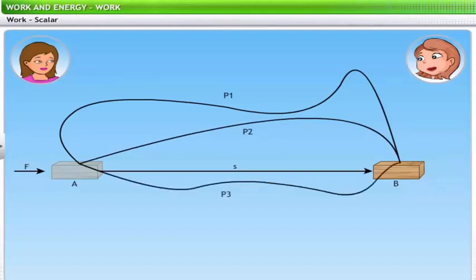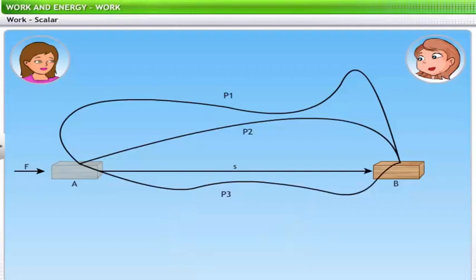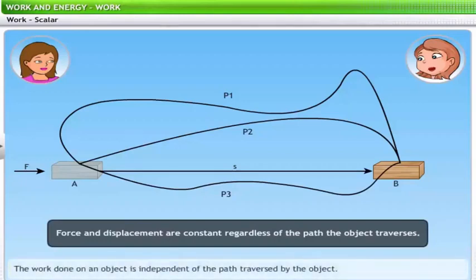But the displacement of the object still remains the same, that is, S, the shortest path from A to B. Work is equal to the product of force and displacement. As you can see, force and displacement are constant regardless of the path the object traverses. Thus, the work done on the object is independent of the path traversed by the object. It depends only on the initial and final positions of the object.